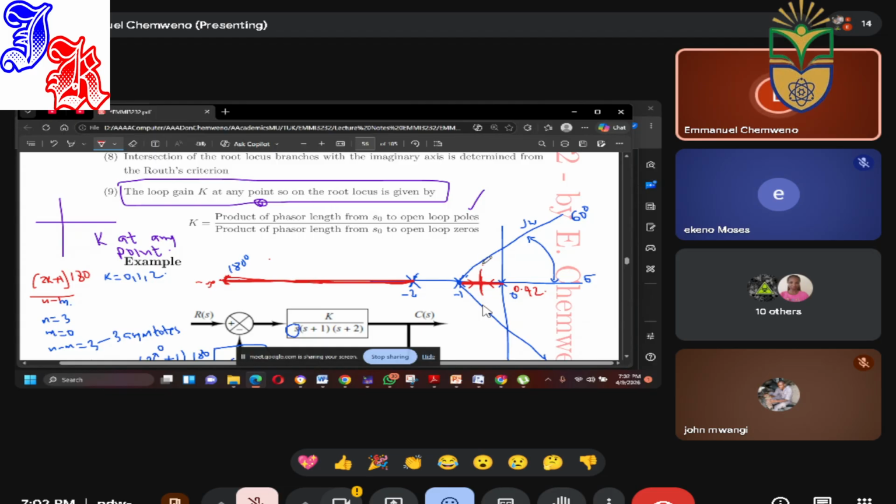Now, will it take that path or will it take the outer or the inner one? I need to check where it is crossing. I will check where it is crossing shortly, but let's go back to the rules.